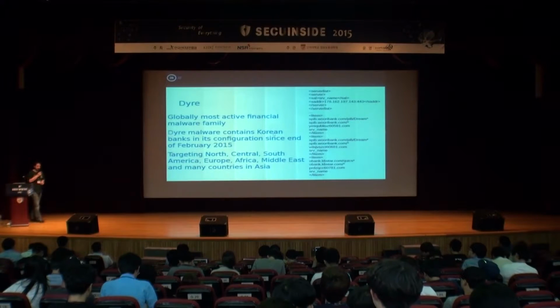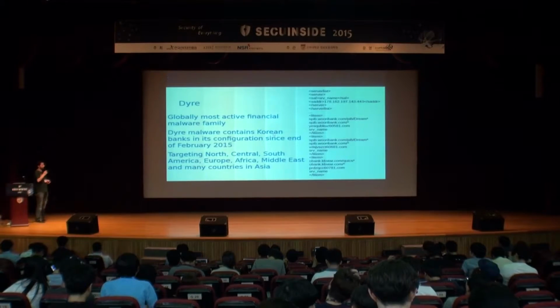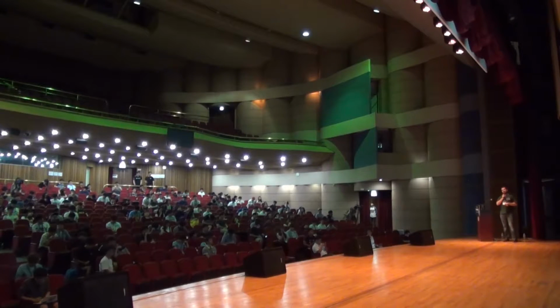A third attack that we saw, and that was actually from this year, happened suddenly by the end of February. Interestingly, two banks were targeted. What they do in this attack is again a hybrid attack.